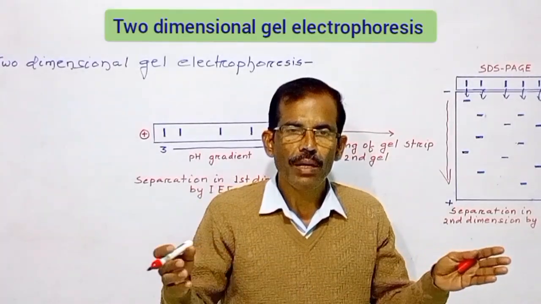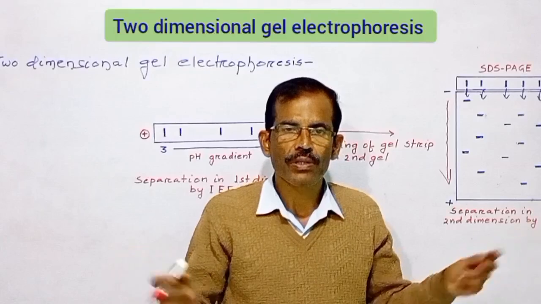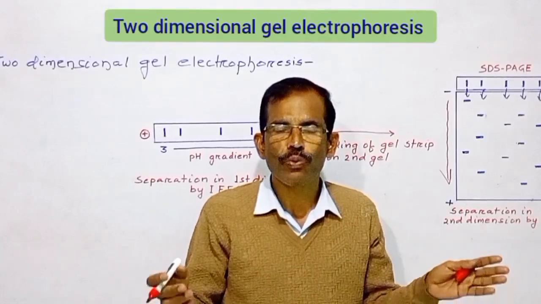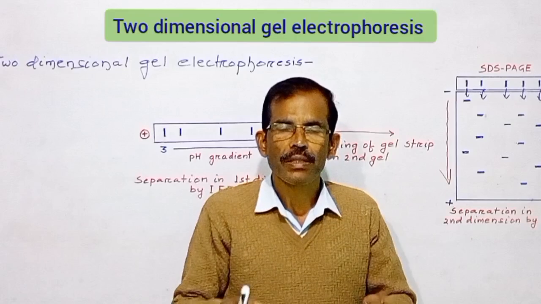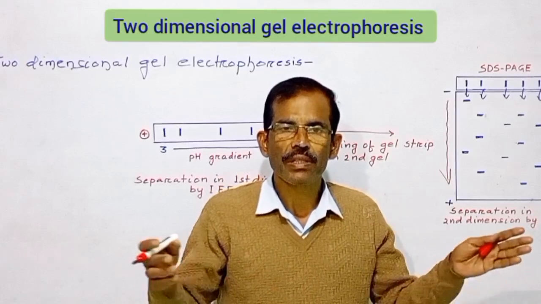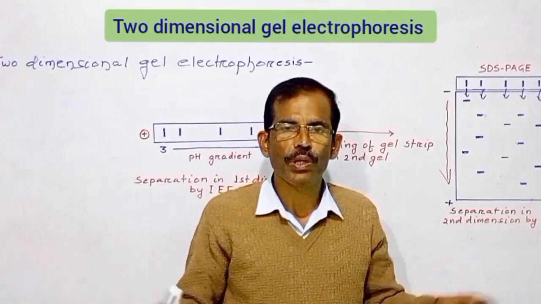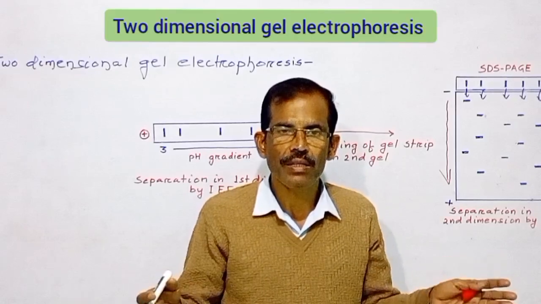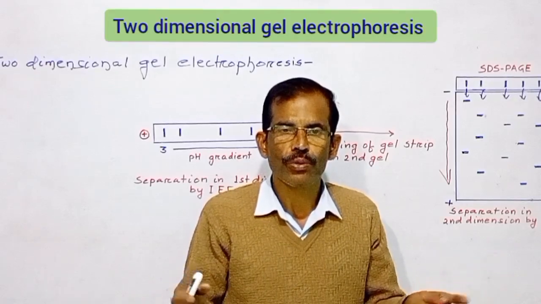Thus, with two-dimensional gel electrophoresis, we now have the ability to follow changes in the expression of a significant proportion of proteins in a cell or tissue type rather than just one or two.